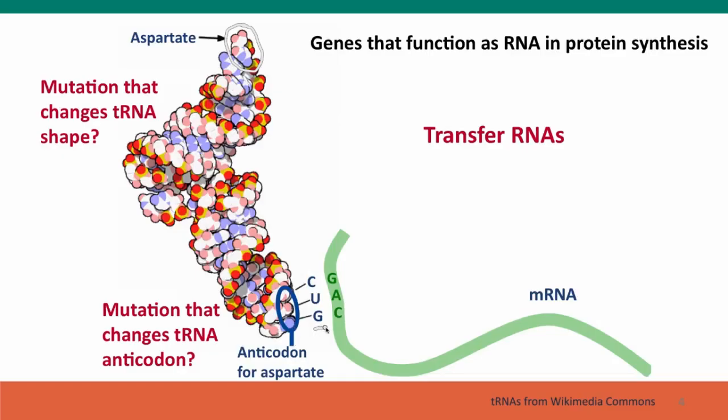So mutations at any of these three positions here in the transfer RNA will change which codon the transfer RNA binds to.